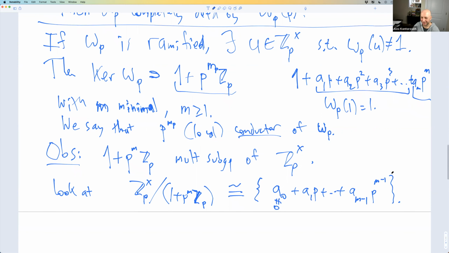But what is this space isomorphic to? I mean, Z mod p to the m Z. Yeah, except the first digit can't be a multiple of p. It's got to be coprime to p. Right.